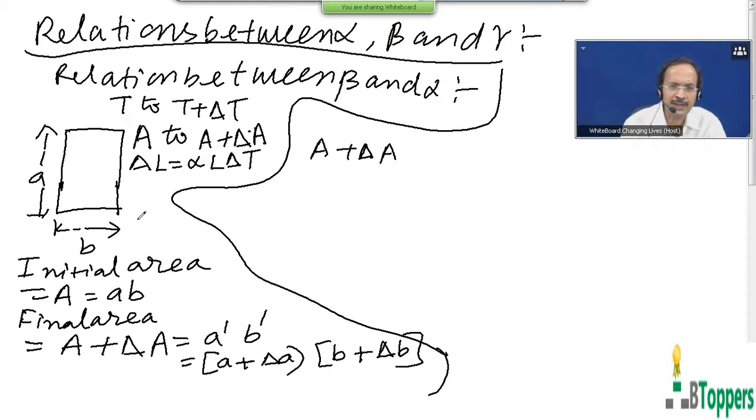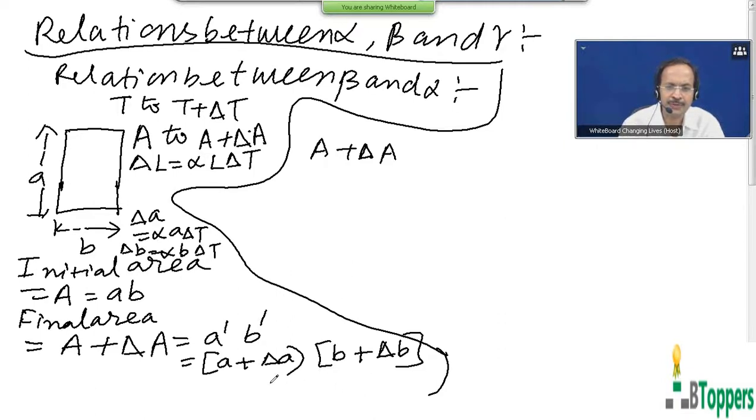So delta a is alpha into original length a into delta T. Increase in the breadth delta b is alpha into original breadth b into delta T.